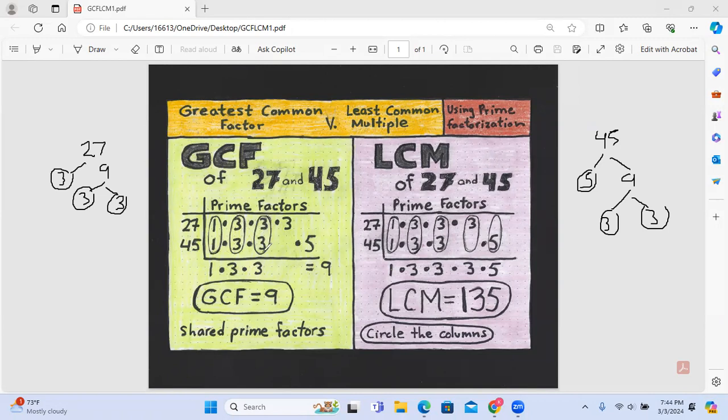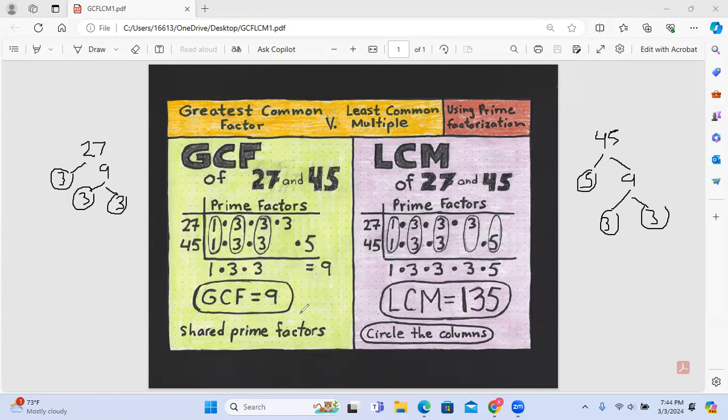And they have another 3 in common, so we're going to bring down that 3. Notice that there are two 3s here and two 3s here, and that's why they have those two 3s in common. However, 27 has an additional 3. We're not going to circle that because we're only going to circle the ones that they have in common. And 27 does not have a 5, but 45 does. So we're just going to leave that there because we're only circling the shared prime factors.